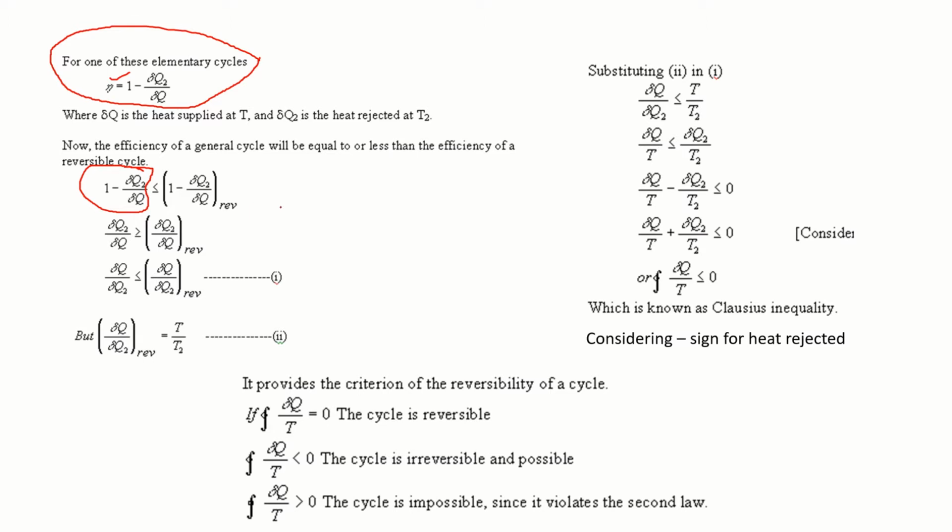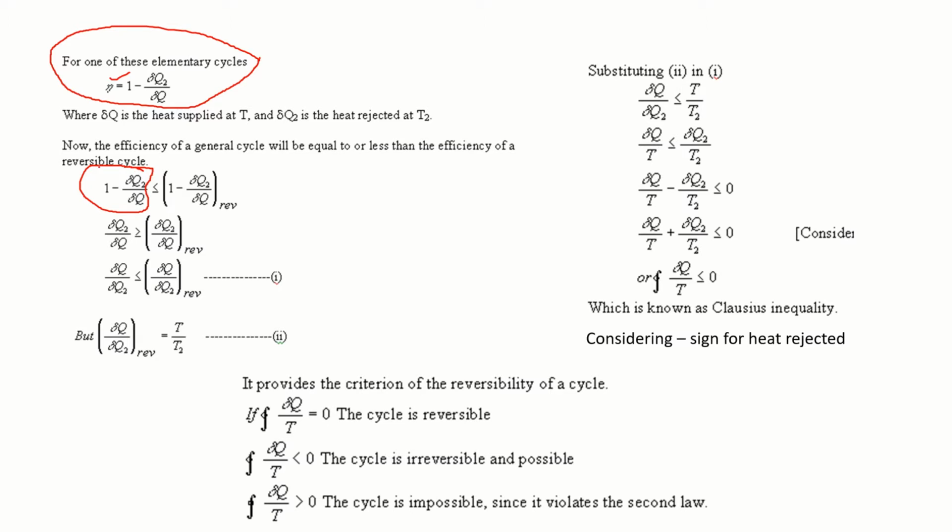But in Carnot's corollary, we have discussed that no engine can be more efficient than a reversible engine, that is Carnot engine, working between the same two temperature reservoirs.